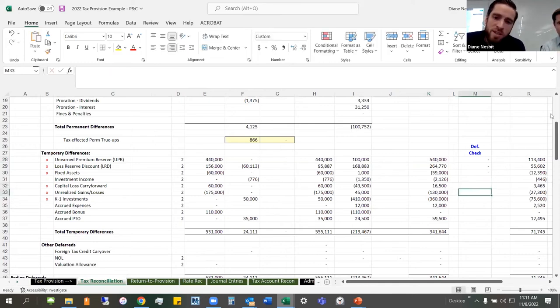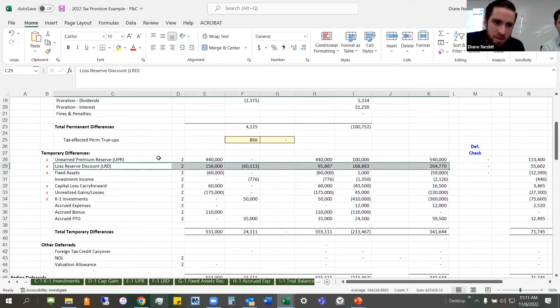In most cases, you should be able to do the same thing, or at least be able to compute this for all your ending deferreds, in a perfect world. I'll go through this quickly. If I have an ending $264,000 DTA, what I'm saying is I've got a basis difference between book and tax for this particular liability. So if I jump over to my loss reserve discounting work paper, I've got a basis difference of 264,000.